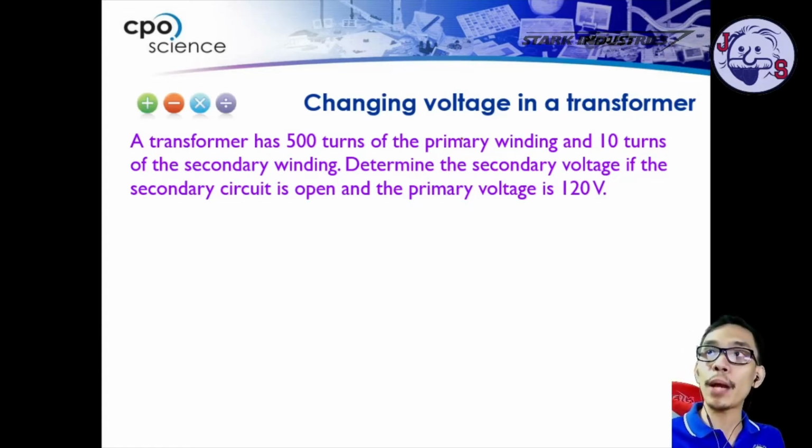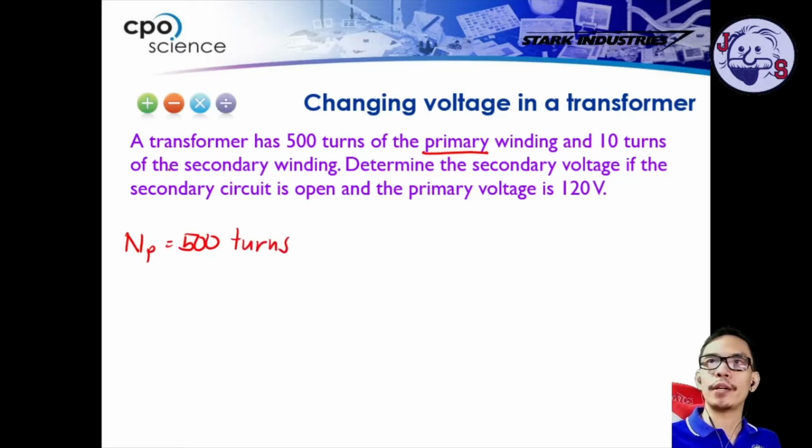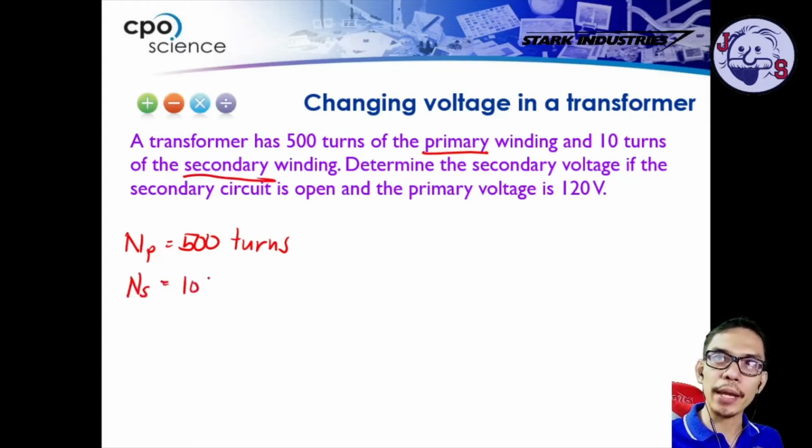The 500 turns is the primary coil turns. The secondary coil is 10 turns.